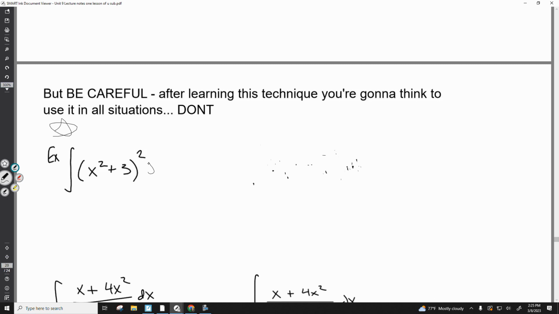It'll be 1 over 2x. Undo the derivative of the inside, as we do when taking antiderivatives. Yep, that's what I want you to get.